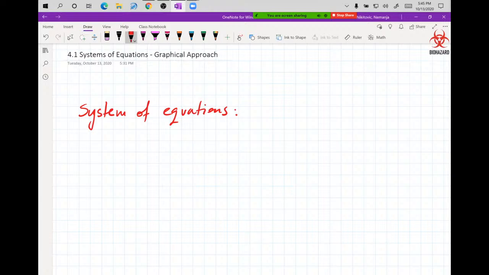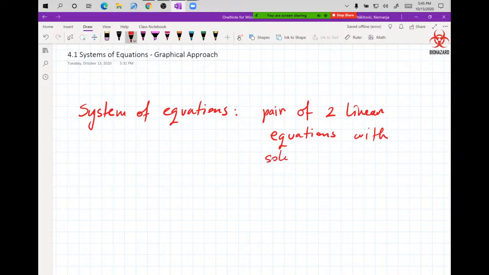So a system of equations, for us, is a pair of two linear equations with solution, and now we have three possibilities. The solution is one of the three, let's call them cases, maybe it's better.